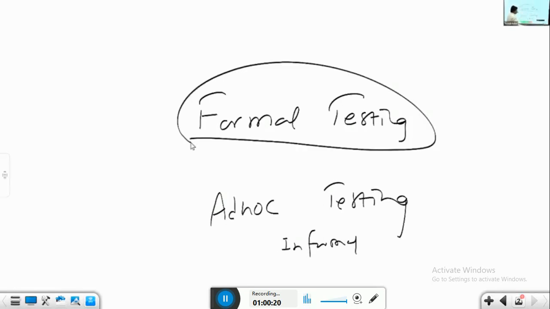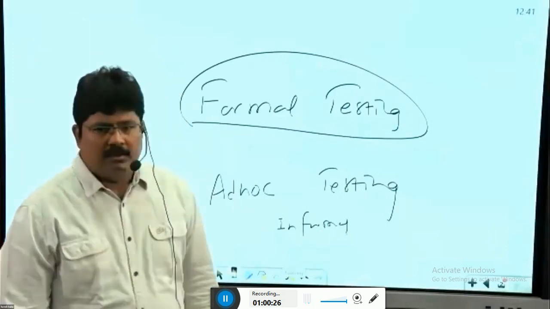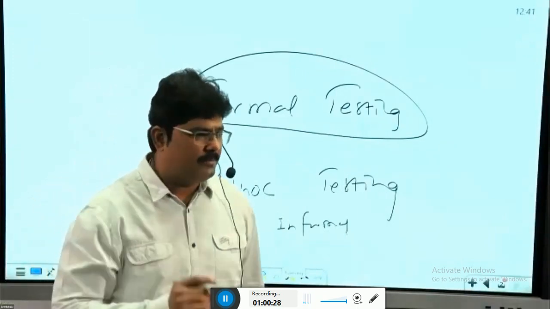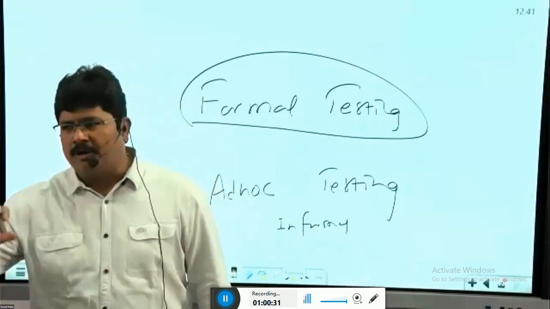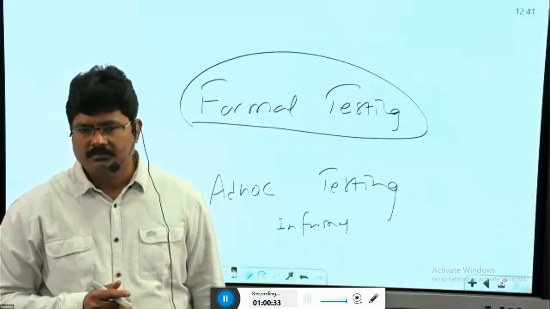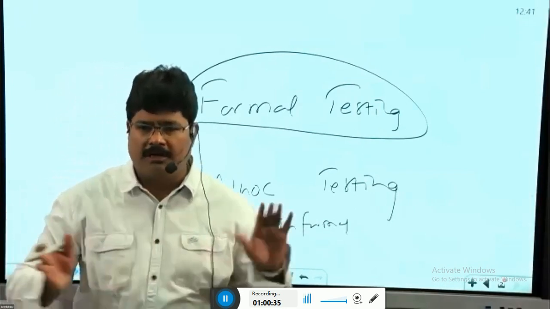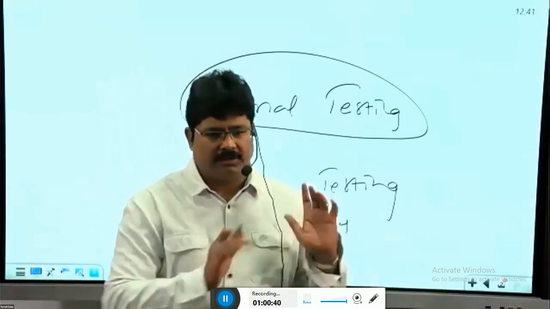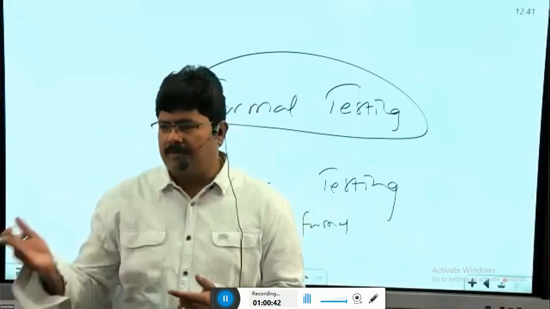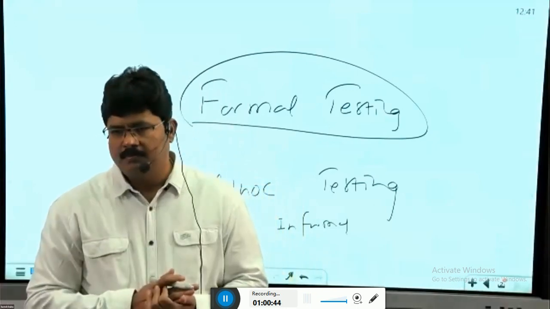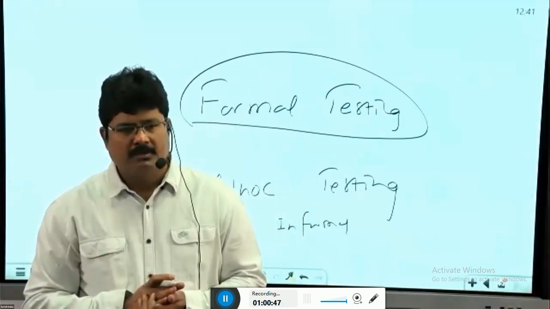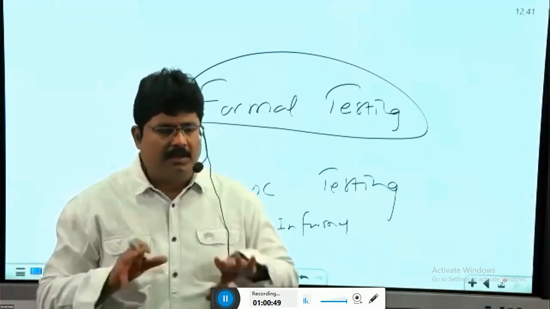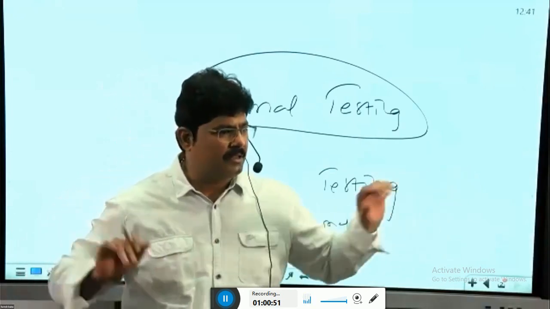First, let us conclude this term. Formal. What is the meaning of formal generally? The proper way of doing a job. The systematic way of doing a job. When you talk about good organizations, they define a certain process for testing a product. When you talk about Capgemini, Infosys, Virtusa, Cognizant, they are process-oriented organizations.